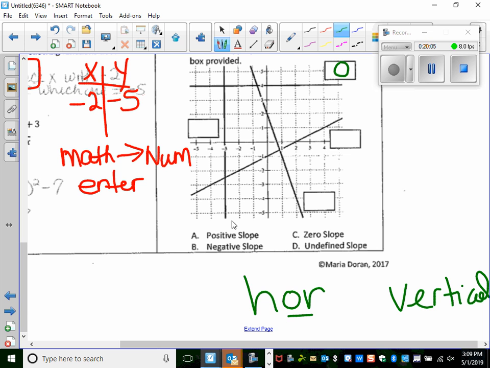Vertical line has an undefined slope. So I'm just going to put UND, or you can put the letter D. Okay, actually, I think that's what they wanted you to put. So we'll put C here. All right, so this is an undefined slope. Now, the way to remember that is U and V are together in the alphabet. So if you actually said your ABCs, U and V are together in the alphabet. So the vertical line is the one with the undefined slope.